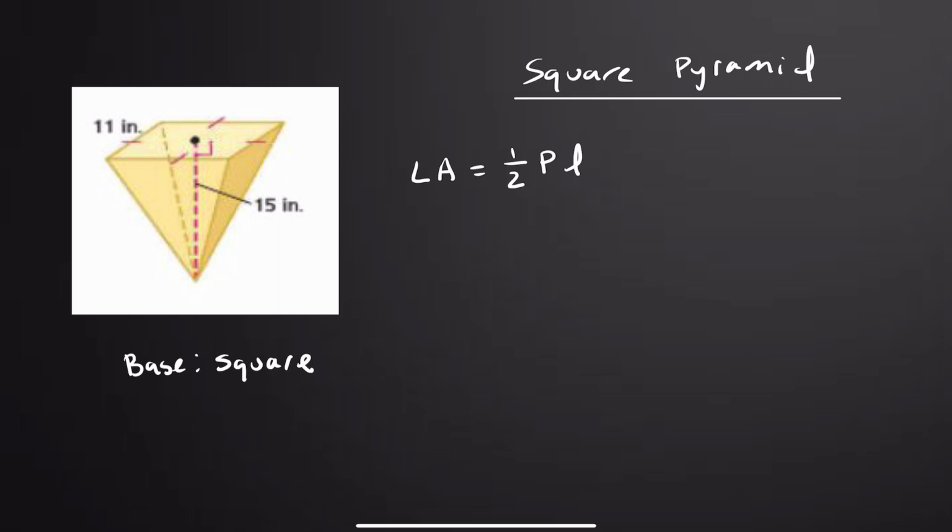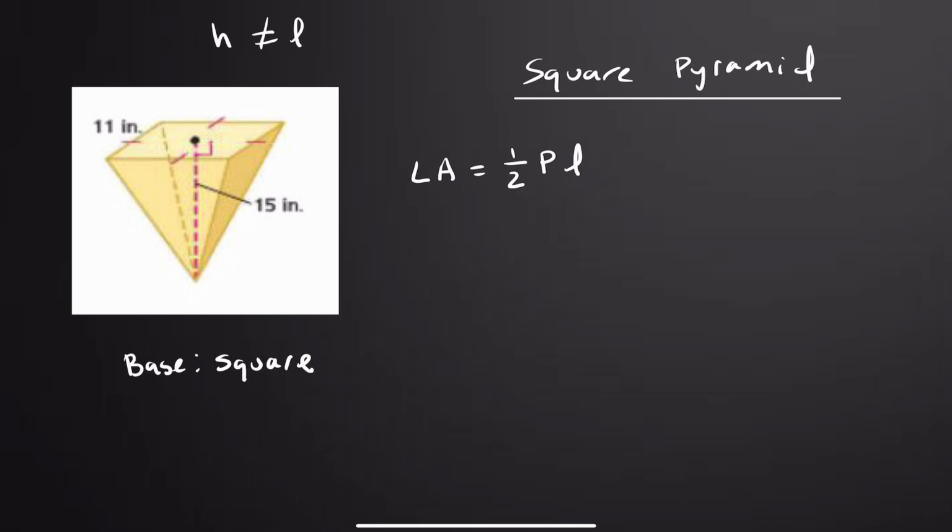And one thing to note is that the height and the slant height are two different segments here. This is not the slant height, that's just the height. It's a straight segment. It's the altitude. This right here is the slant height. So that's our goal when we're trying to find the lowercase l.